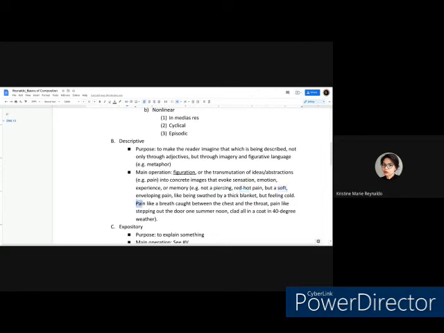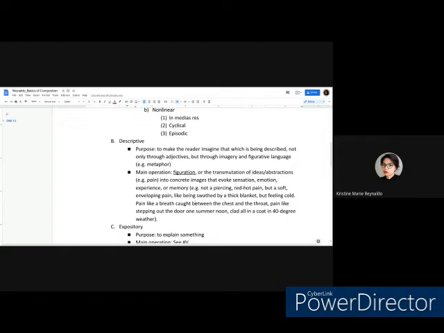But you also have figures of speech, such as this simile, like being swathed by a thick blanket but feeling cold. Or imagine pain like a breath caught between the chest and the throat, like when you're about to cry and there's something stuck in that space between the chest and the throat. Like imagine that sort of pain.